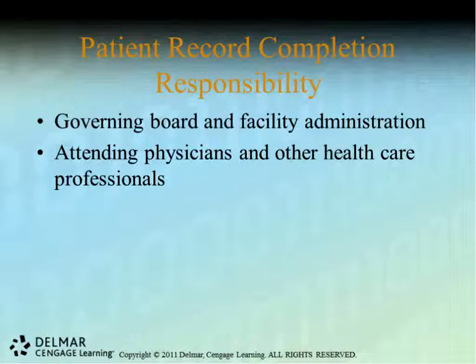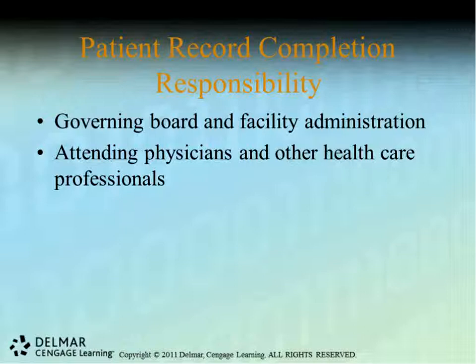Other things when we're looking at record responsibilities, you also have to make sure, say, if a facility is closing or being sold, the responsibilities for that information do not cease at that time. They have to still maintain the confidentiality of that information and handle that according to your federal and state laws.